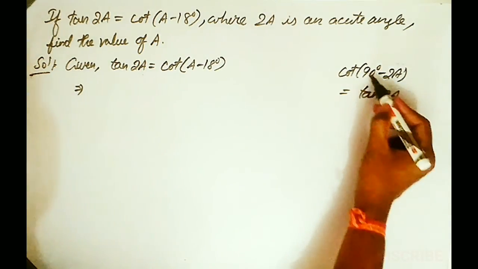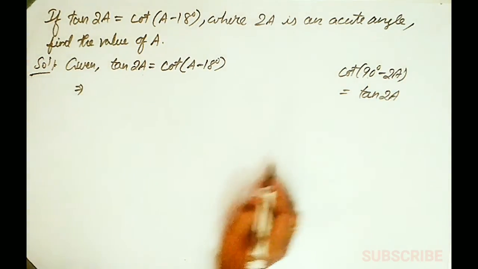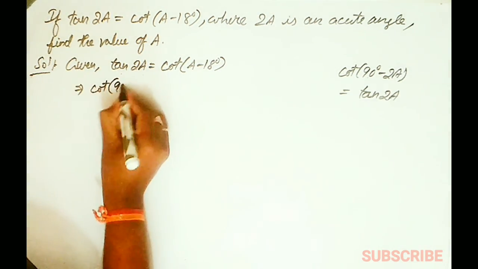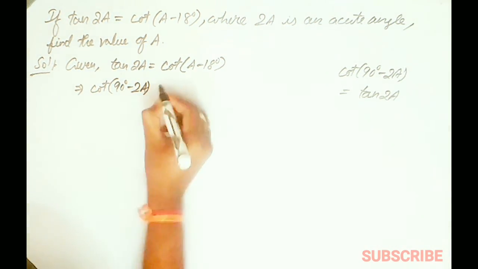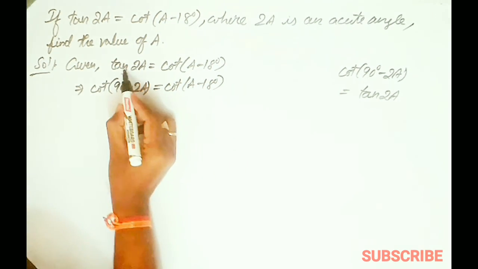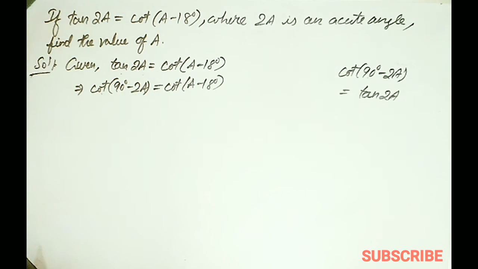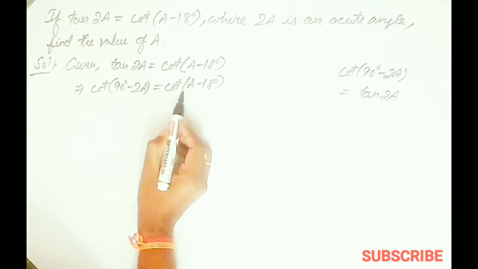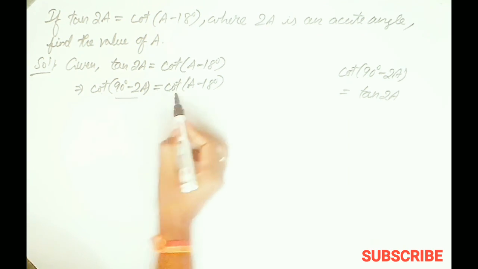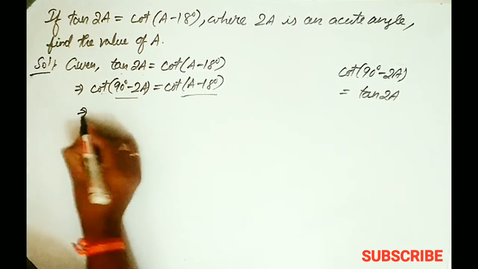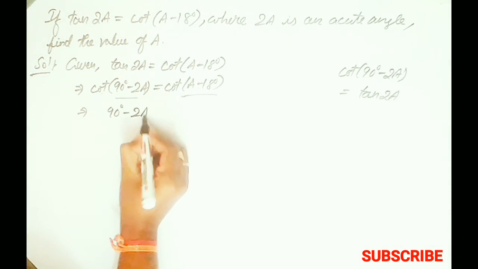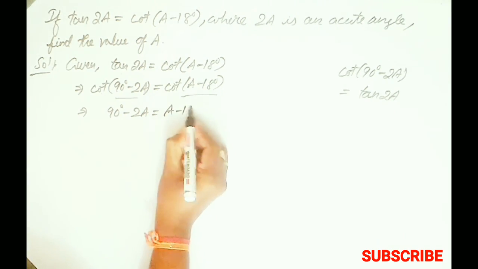So tan 2A can be written as cot (90 degrees minus 2A), which is equal to cot (A minus 18 degrees). We have converted tan into cot now. In both LHS and RHS, cot is present and also there is an equality, so the angles must be equal. So in the next step, we take the angles: 90 degrees minus 2A is equal to A minus 18 degrees.